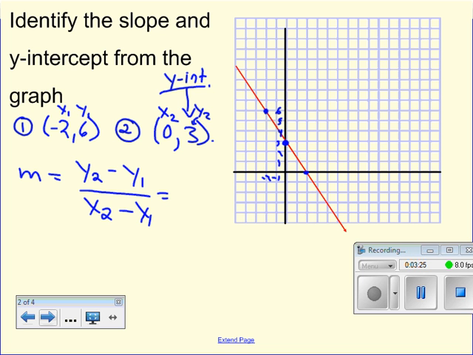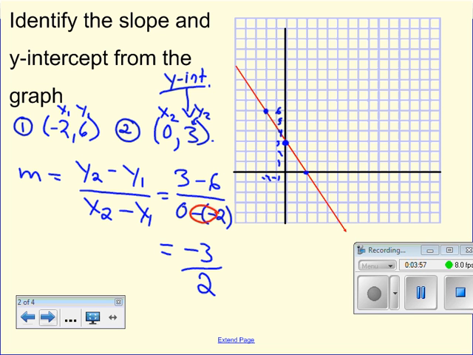So I have 3 subtract 6, and here I have 0 subtract -2. Because I have a negative and negative, this is going to become positive. So in the end, I'm going to have 3 minus 6, -3, over +2.